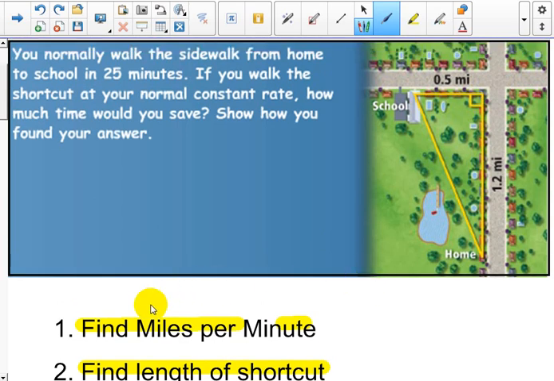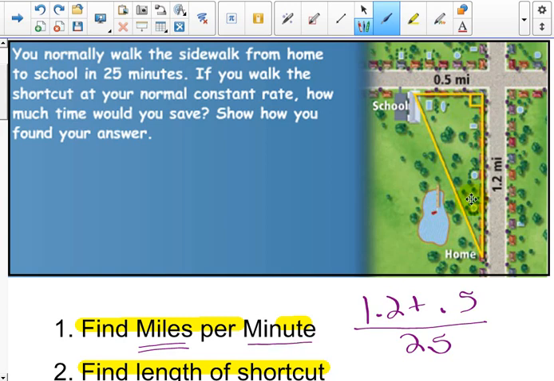Okay, so everybody punch it into your calculator now. 1.7, because it's 1.2 plus 0.5, divided by 25. And that's going to give you miles per minute. So that's really 1.7 over 25. And what do we get?